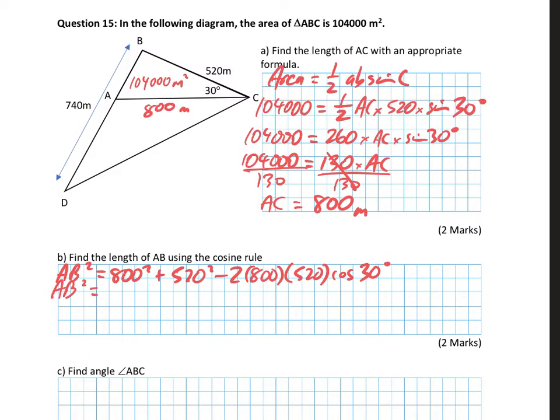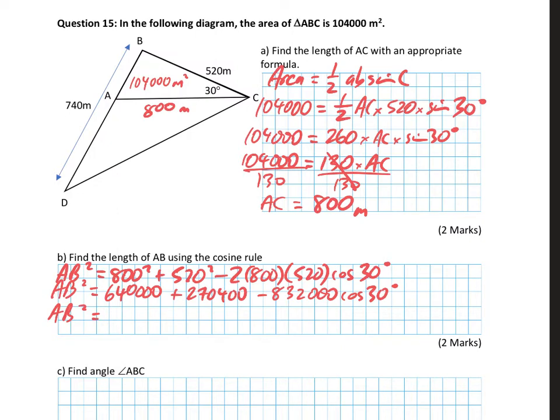AB squared is going to be 800 squared is 640,000 plus 520 squared. I don't know that off the top of my head. 270,400. Take 2 times 800 times 520 is negative 832,000 cos 30 degrees.